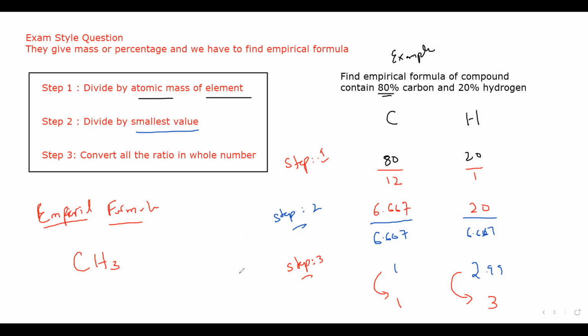So I will repeat. First we divide by atomic mass. That's our first step. Then we divide by the smallest value. That is our second step. And then we convert all the ratio in whole number. That will be our third step. And what we get, our final result, is the empirical formula.